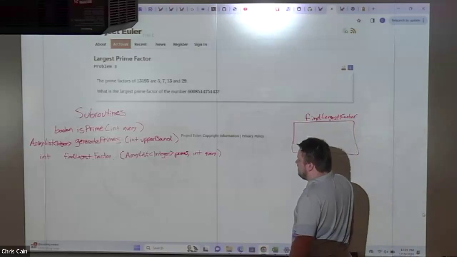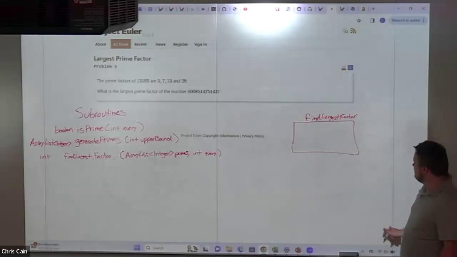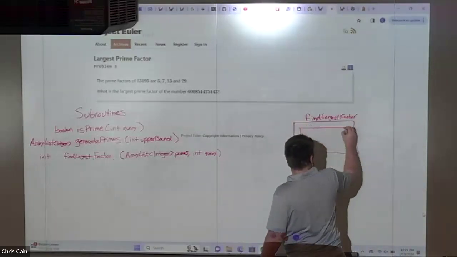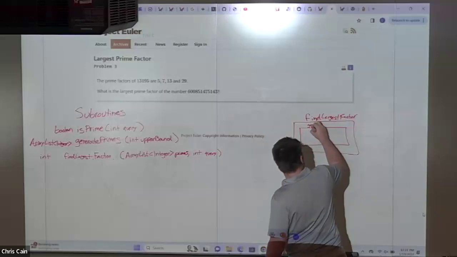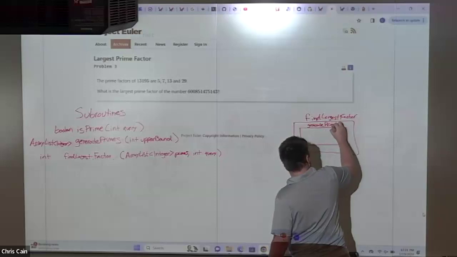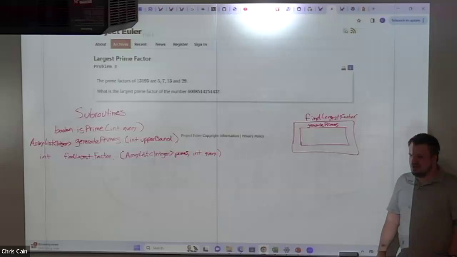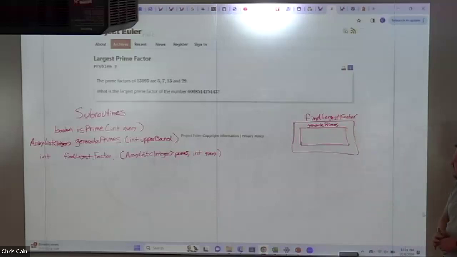So first we need to generate a bunch of primes. If we could generate all the primes, then we could figure out the largest factor from that.